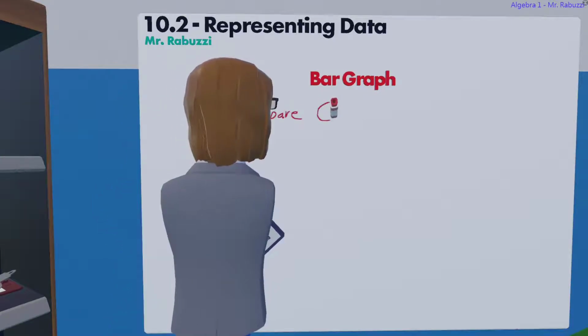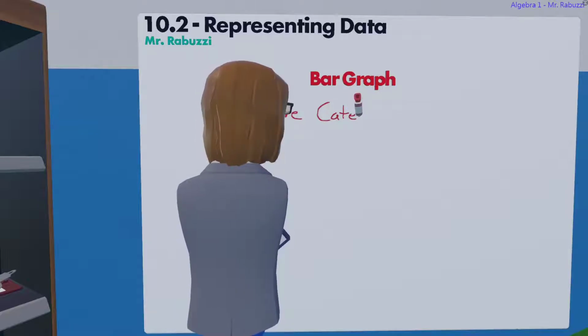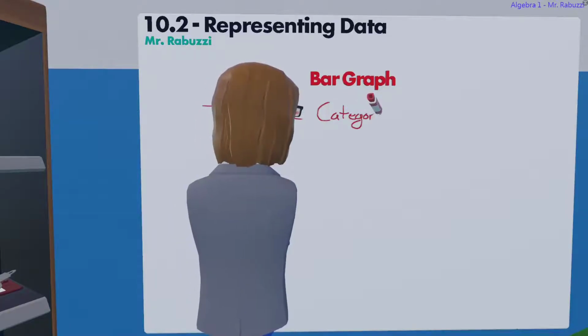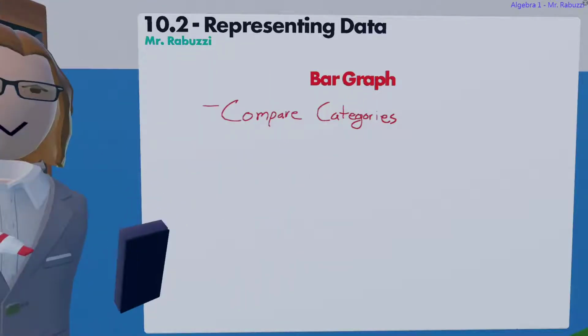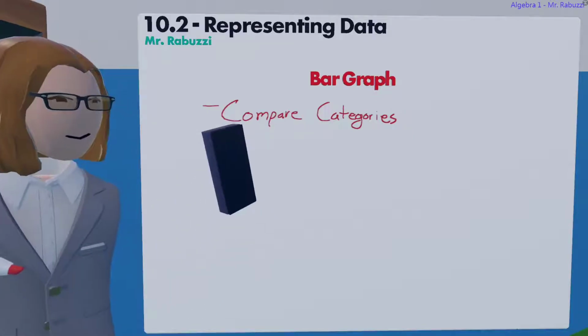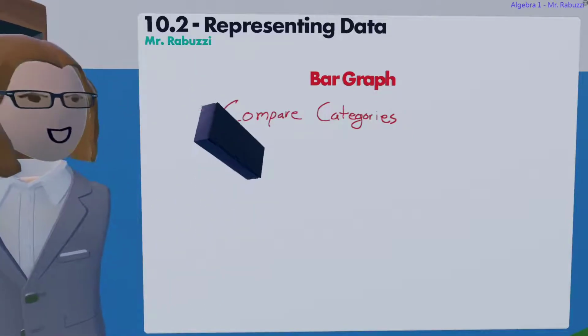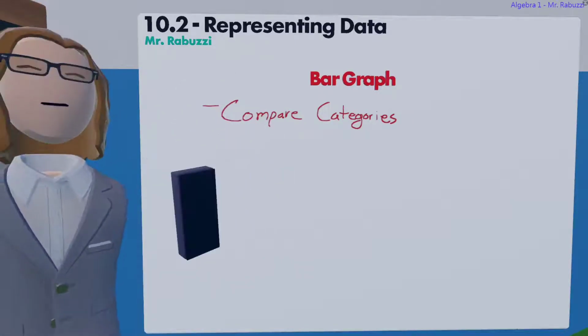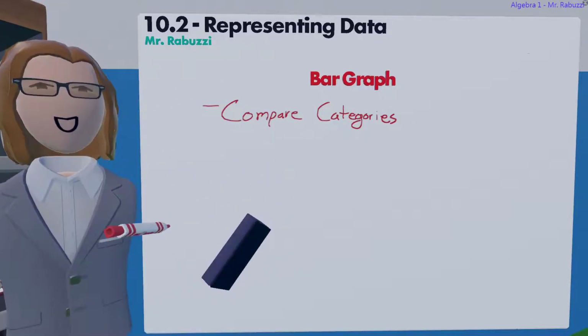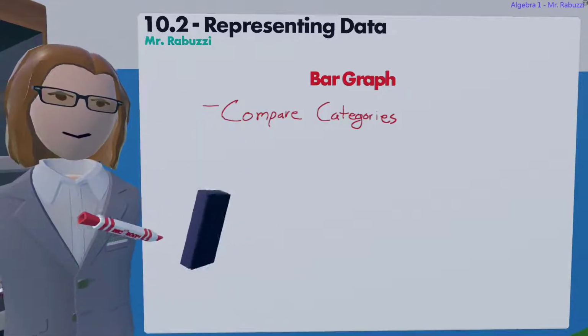So we're comparing categories. So we want to know, do more people like chicken, pizza, salad, wraps, burritos? I don't know. We want to know what kind of food people like, and it would be different categories of food.